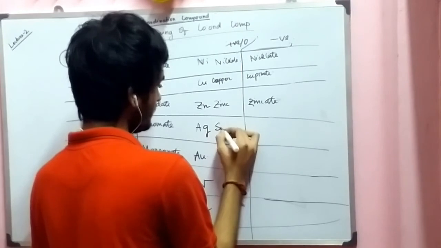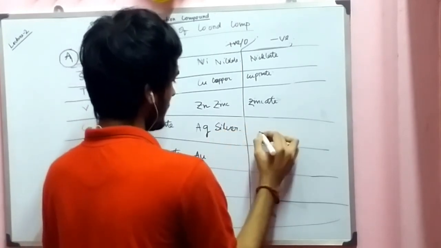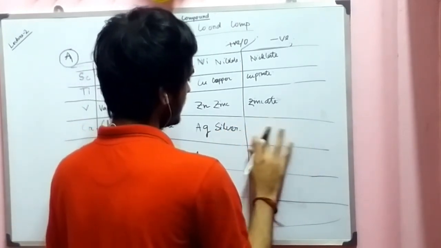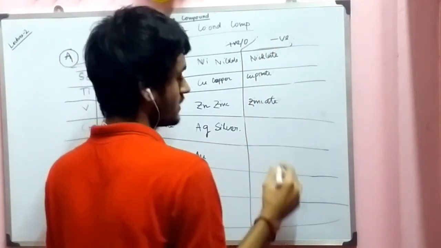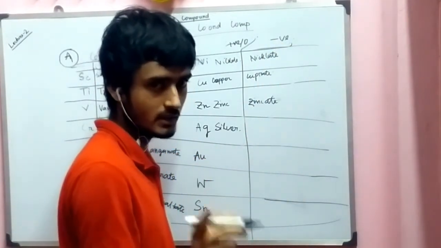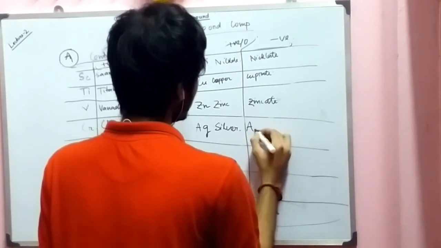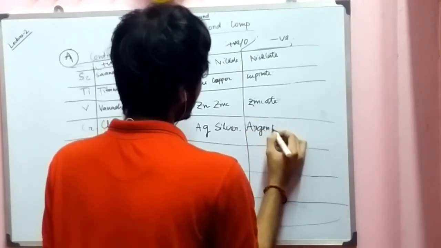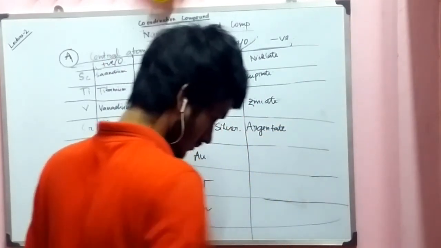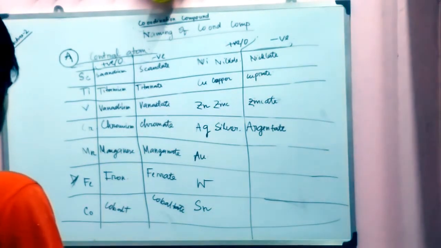It is silver, and if the coordination sphere is negatively charged, then it will be argentate.